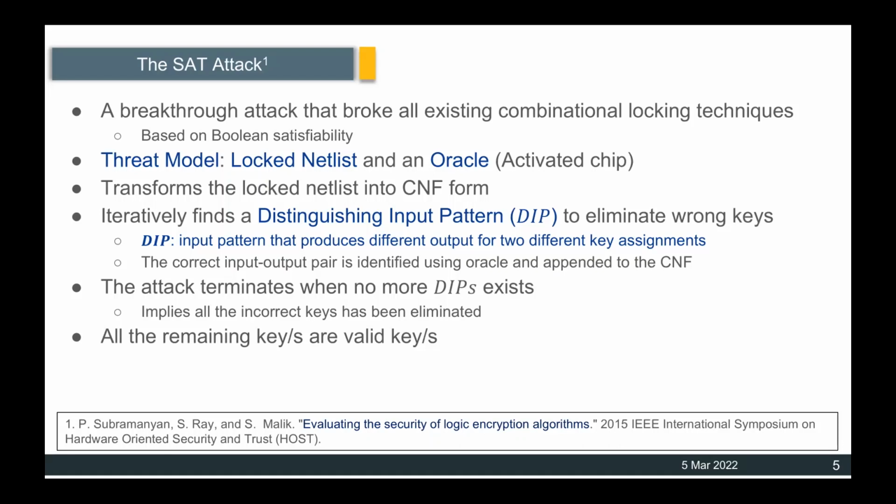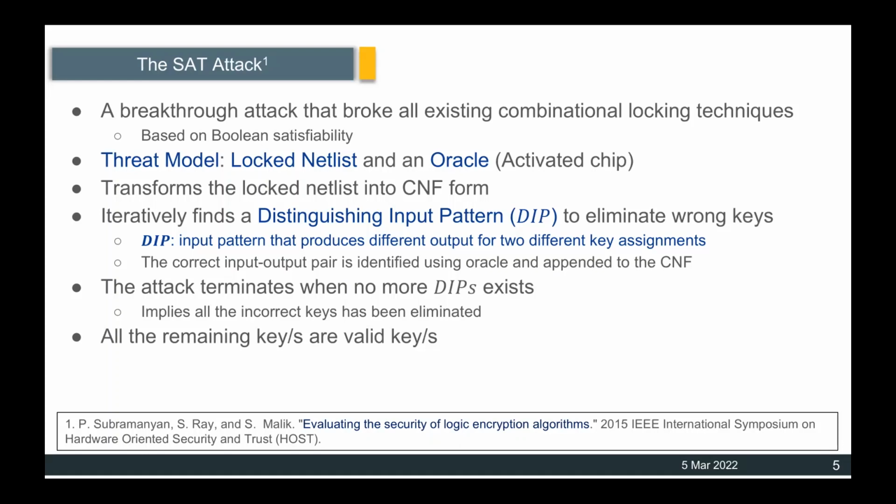This was a breakthrough attack which broke all the existing combinational logic locking techniques proposed at that time. The technique of breaking these solutions was based on framing the problem as a Boolean satisfiability problem, and then using state-of-the-art SAT solvers to obtain the secret key.